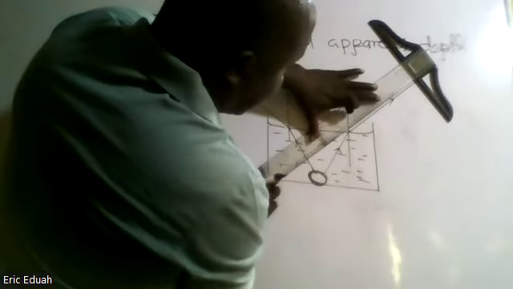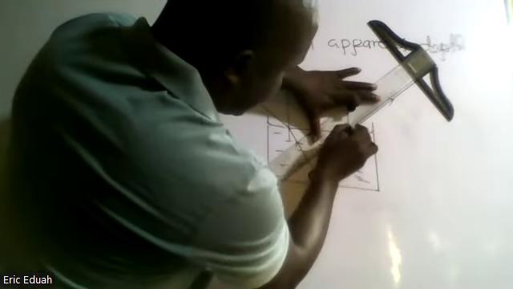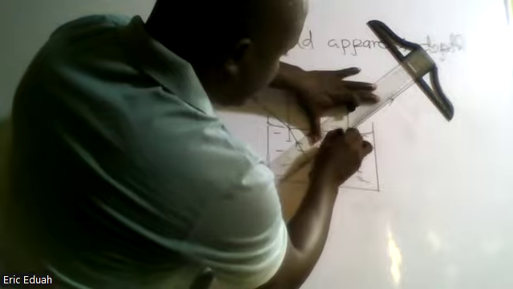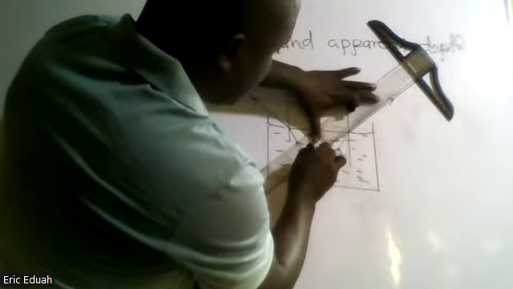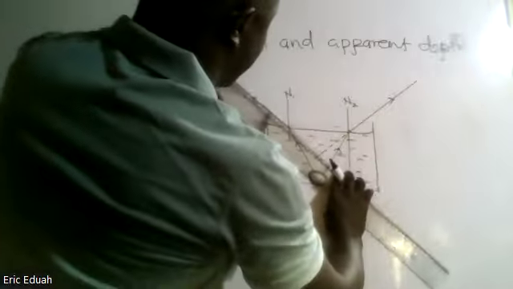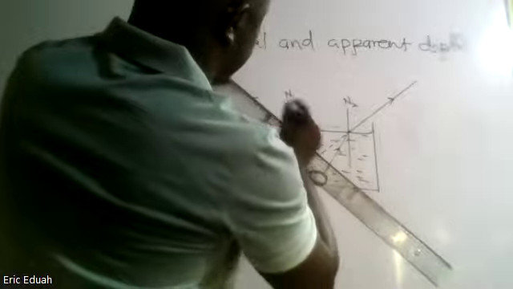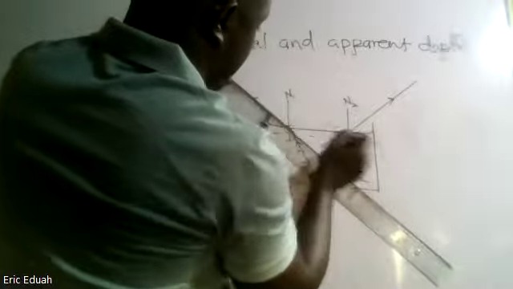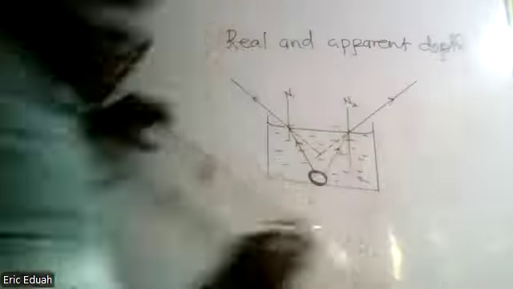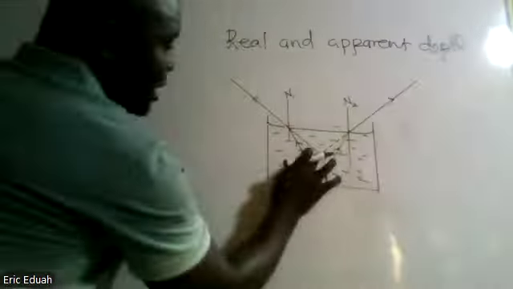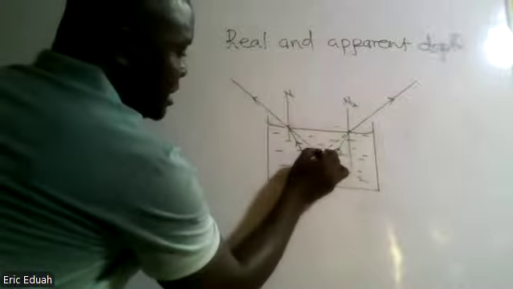So let's extend the refracted ray. When you extend the refracted rays, where they intersect becomes the apparent position of the object. So this is where the two extended refracted rays are meeting.